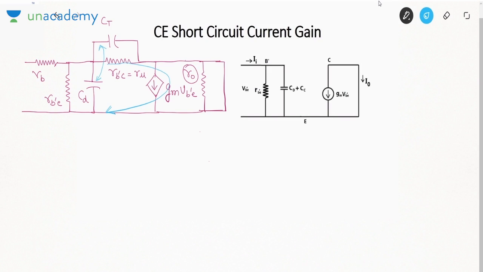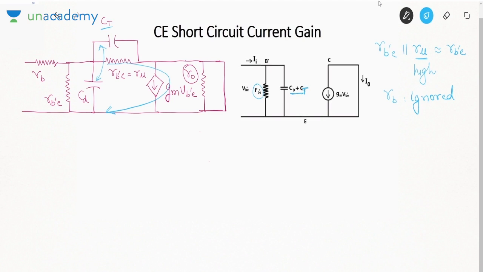So that is why in the circuit I have drawn, this resistance is RB dash E parallel R mu, which is approximately RB dash E, because R mu is very high. Also, we have ignored the base spreading resistance RB. Since CD and CT are in parallel, they are directly added.